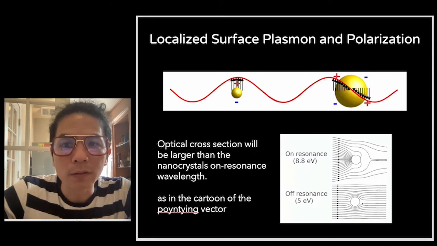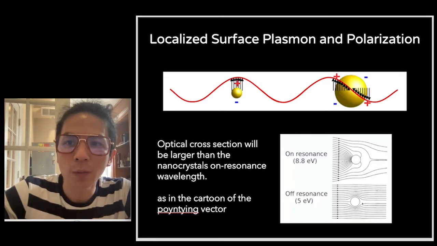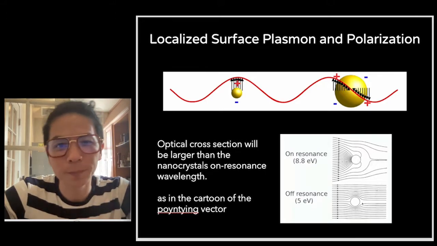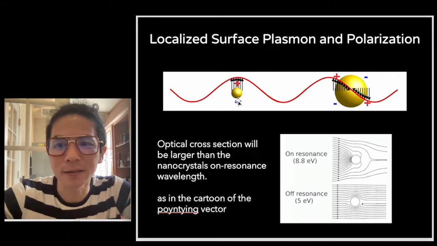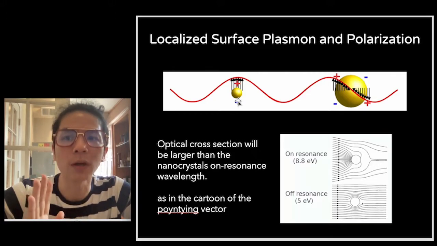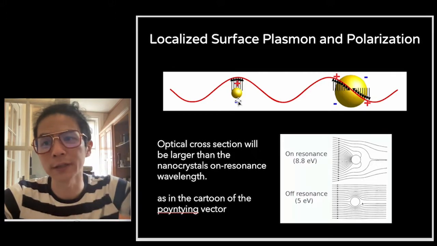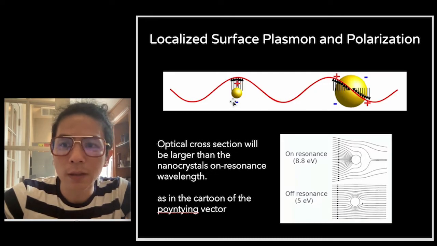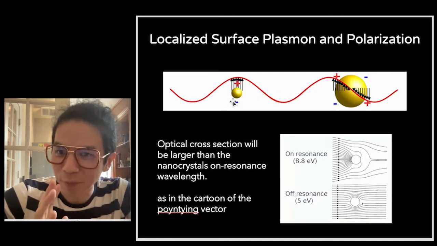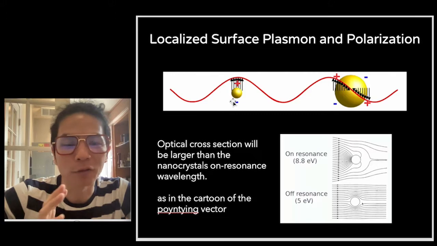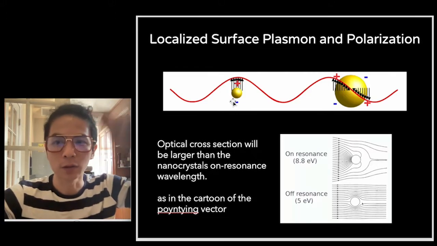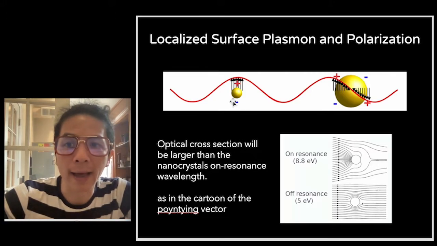And when it comes to nanomaterials, things are more complicated, or maybe simpler. You can imagine that, again, I'm going to talk about electric field oscillation, but when you have a nanomaterial, nano is pretty small, smaller than the wavelength of the light.